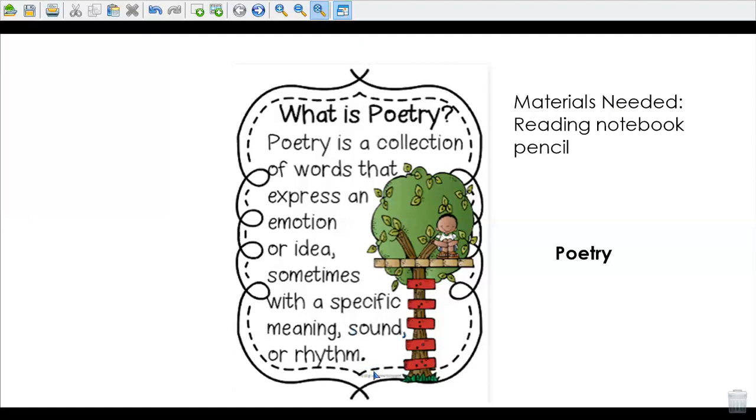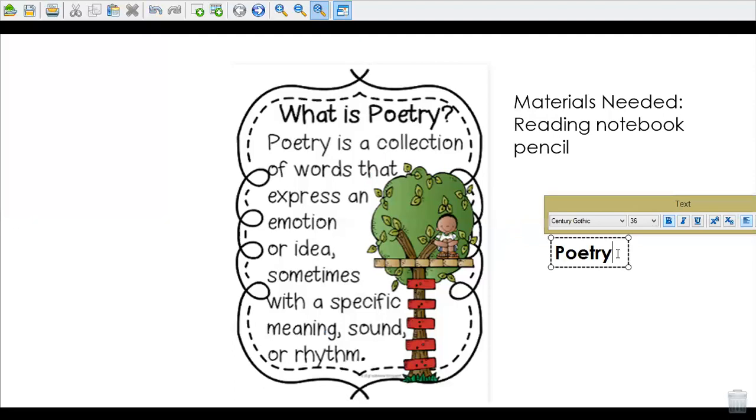And I know you all know what rhythm is because Miss Avery teaches you about rhythm in music. It's the beat that you can hear. So go ahead and write down your definition for what is poetry in your notebooks now. You can pause this video here so that you can write down your definition on the same page, and you can go ahead and type it or write it right underneath your word poetry at the top of your notebook.